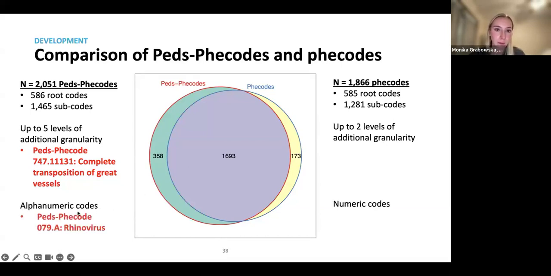We also extended the phecode hierarchy horizontally in developing the PEDS phecodes by allowing for alphanumeric codes rather than purely numeric codes. So we could have more than 9 sub-phecodes at level 1 and level 2 of the hierarchy.